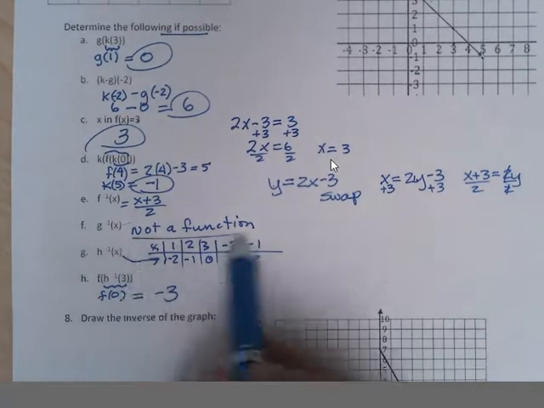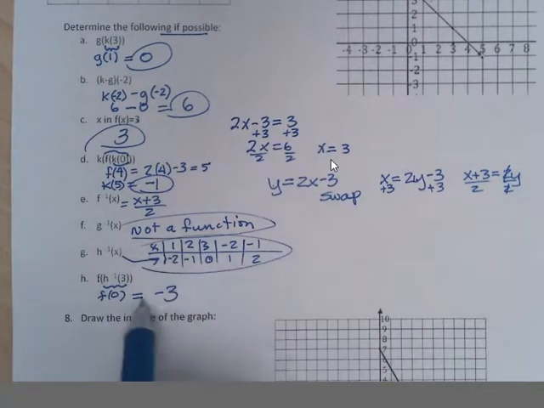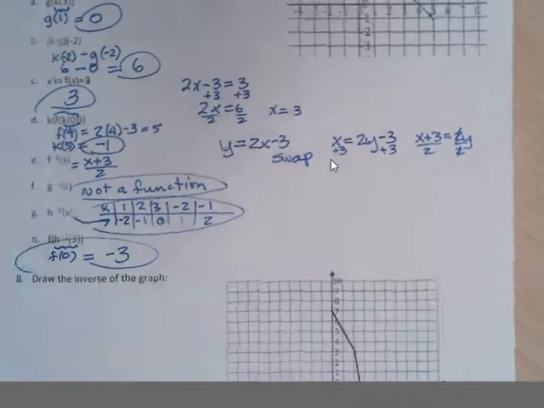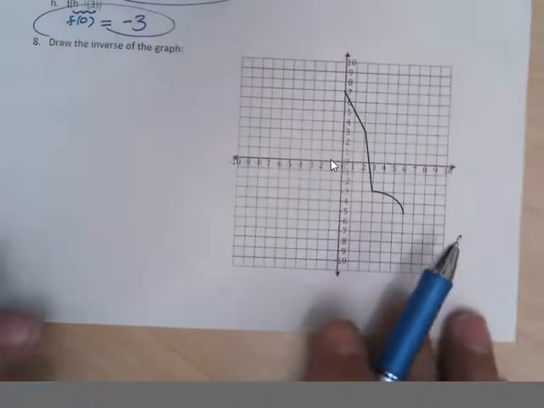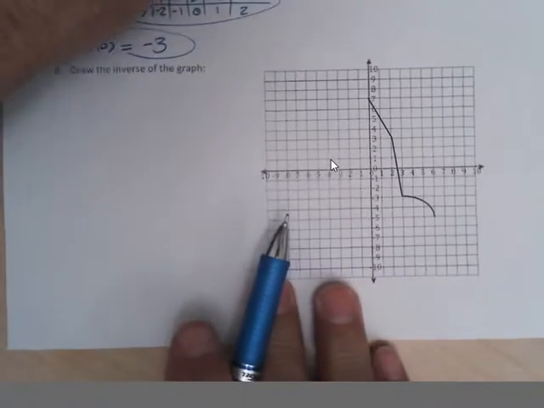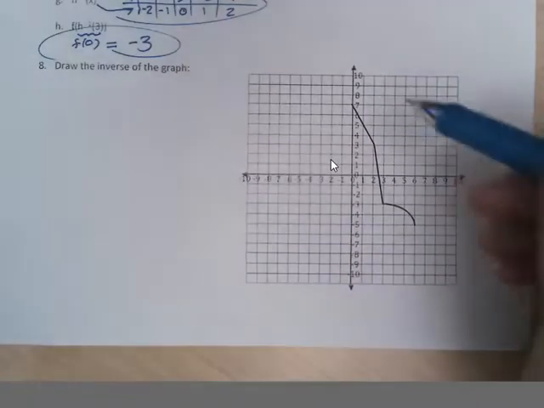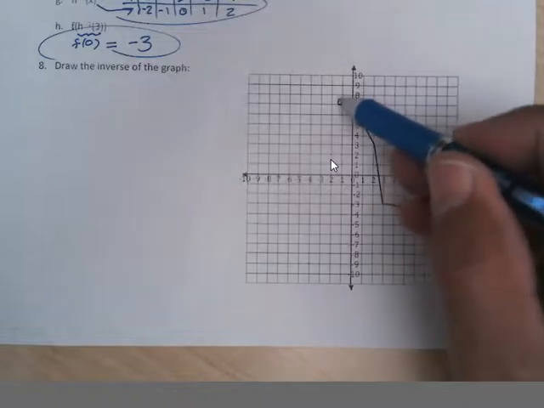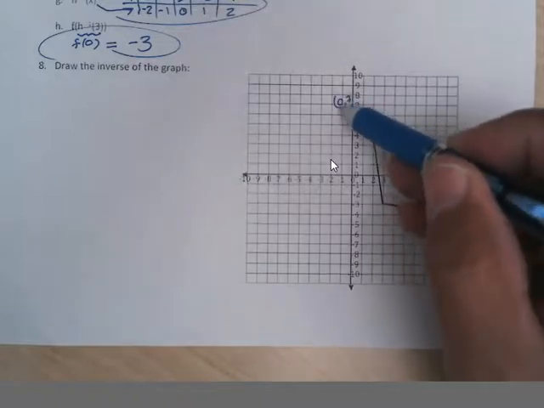Okay. And finally, the last problem. So you need to be good at reading your coordinates and graphing. Let's just start right here. This is 0, 7.